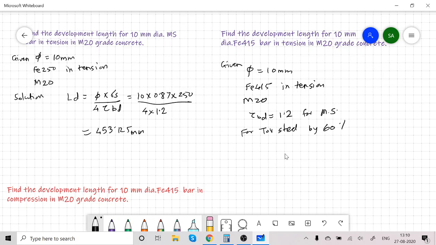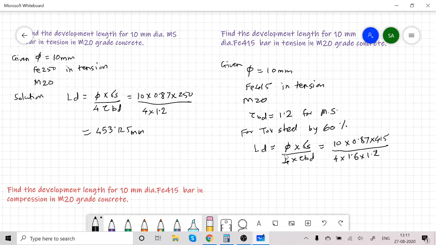So LD equal to the same formula, phi into sigma s upon 4 tau BD. So phi is 10, 0.87 Fy, and Fy is now 415, divided by 4 into, as there must be a 60% increase, 1.2 multiplied by 1.6.